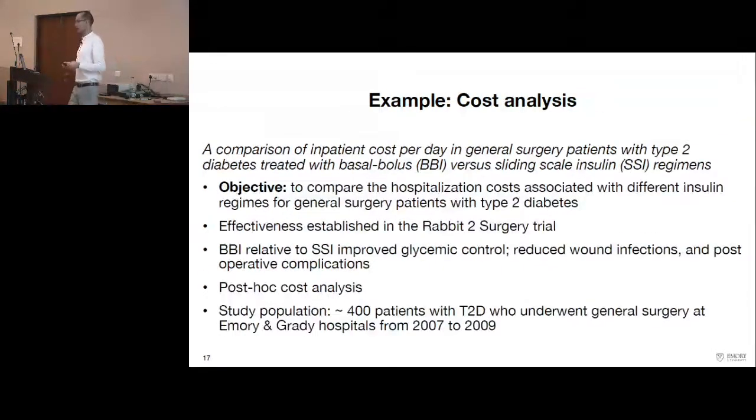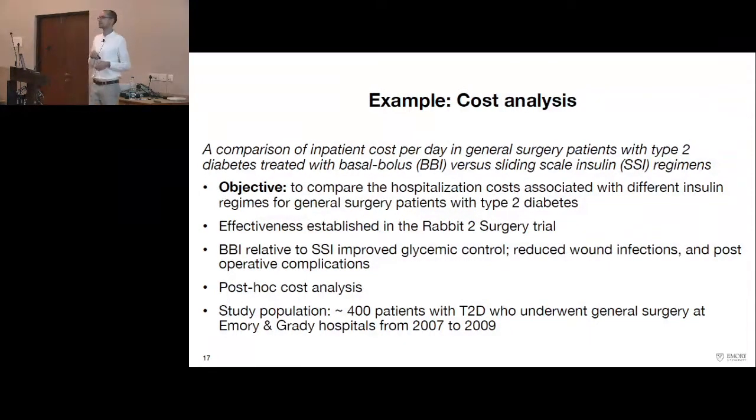So finally, we're getting to an example of how two different interventions can lead to differential costs, and how you can then apply that estimate in the gross costing approach.